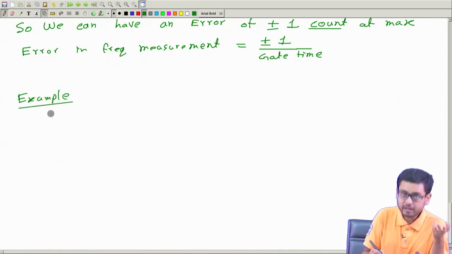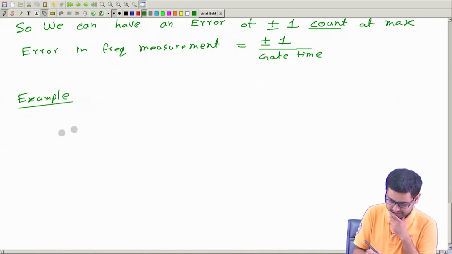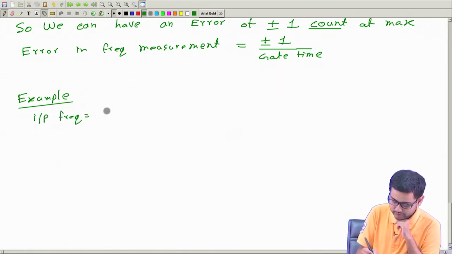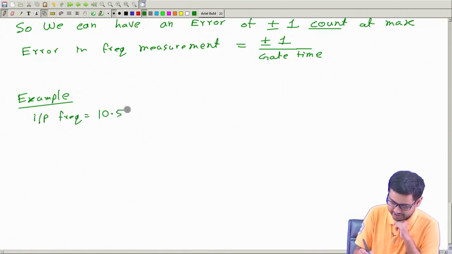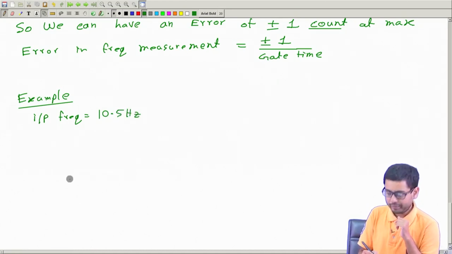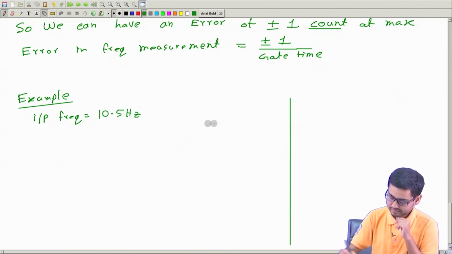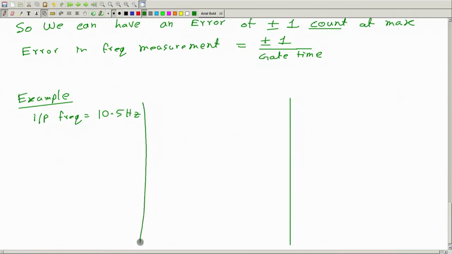So, let us take an example. Say, okay, this is also interesting. Let us take input frequency equal to 10.5 hertz. And we have two instruments, two frequency meters.